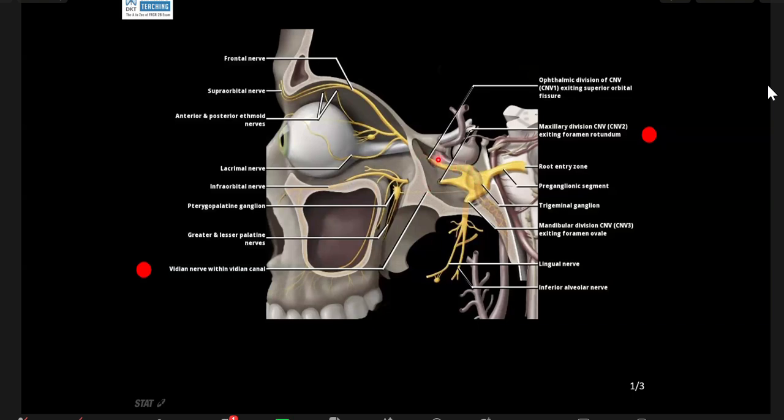V1 passes through foramen lacerum, V2 passes through foramen rotundum, and our aim is to learn the anatomy of foramen rotundum. And another thing which passes anteriorly is this thing which I have shown in red here, Vidian nerve with Vidian canal. So Vidian nerve goes through this part of bone, and this is known as Vidian canal.